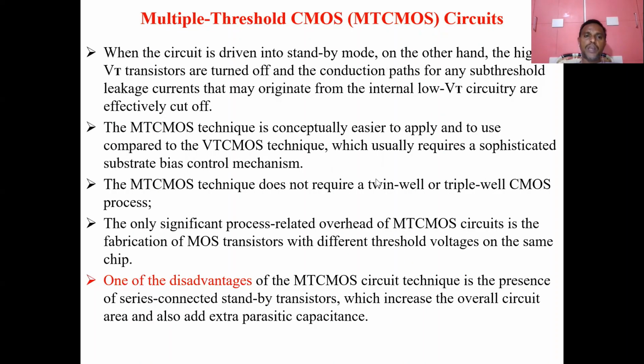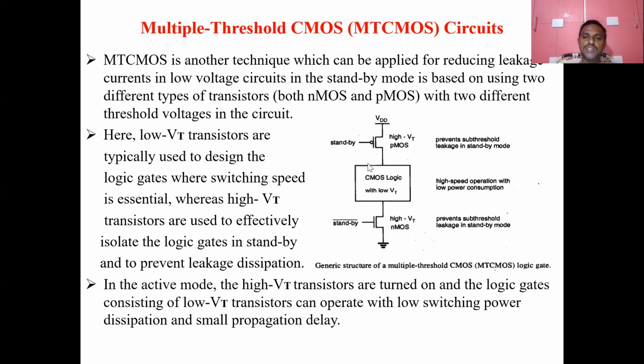That is the point you have to remember. So here, when the circuit is driven into the standby mode, the high threshold voltage transistors are turned off, and the conduction paths for any subthreshold leakage currents that may originate from the internal low threshold voltage circuitry are effectively cut off.